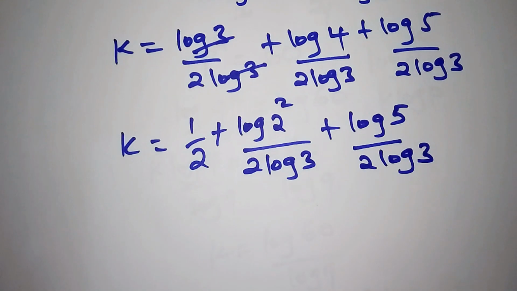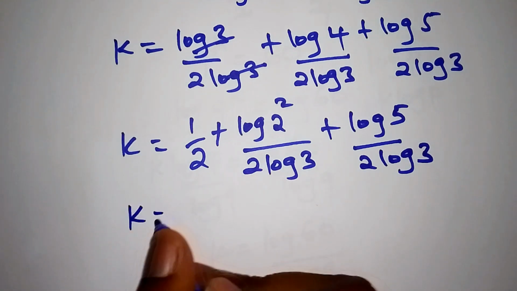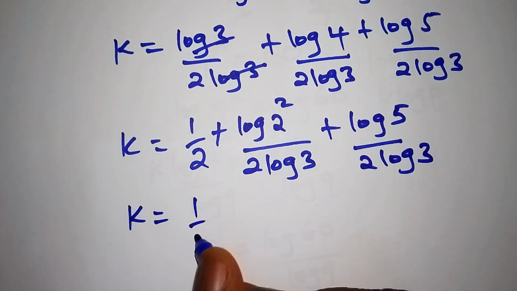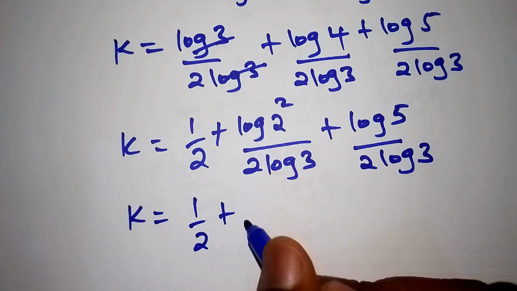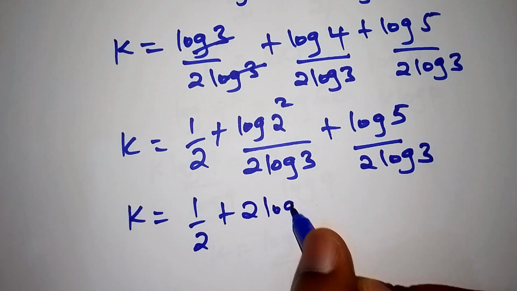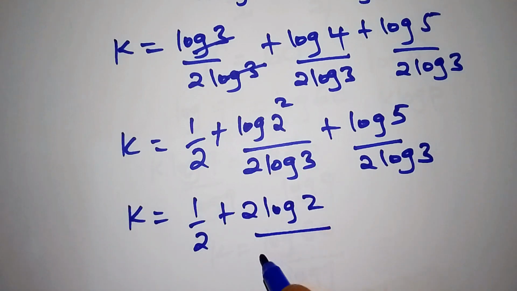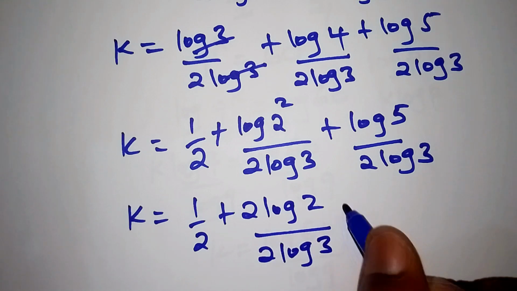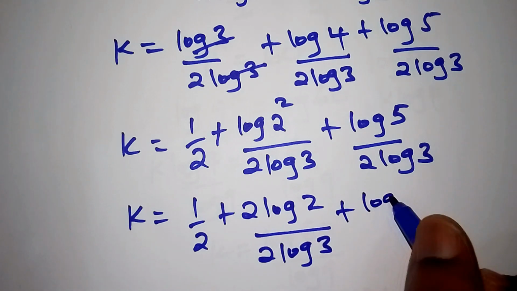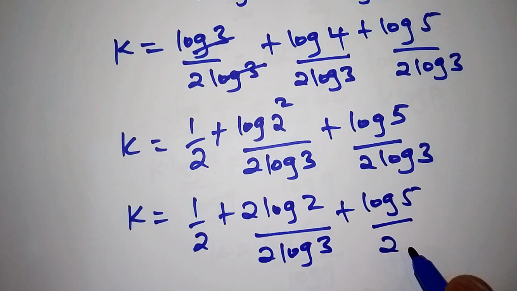So k is equal to 1 over 2 plus 2 log 2 all over 2 log 3, plus log 5 all over 2 the log of 3.